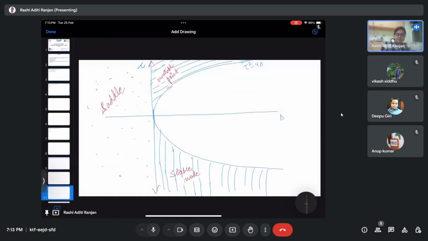Anyways, it is imaginary, so it is going to be a spiral behavior. With a positive tau, it is going to be a spiral out. With a negative tau, spiral in. Okay, that is how it is. Now coming on to this particular position, the lambda.